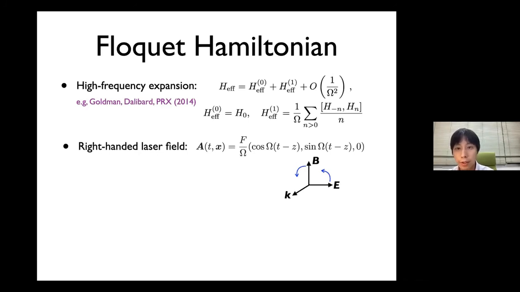Omega is the frequency and f is the magnitude of the electromagnetic field. We can easily confirm that from this gauge field, the electromagnetic fields have the same magnitude f, and they are perpendicular to each other, and they are rotating right-handedly. So this gauge field corresponds to the Helicity plus 1 configuration.